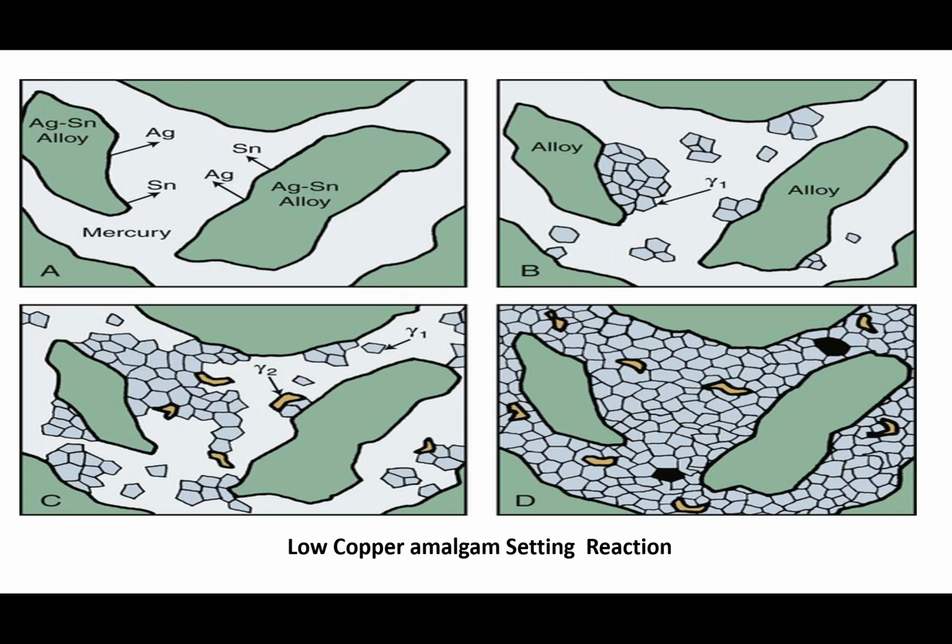That's why the set amalgam, the hardened amalgam, contains unreacted silver tin, the original alloy particle known as gamma, surrounded by a matrix of gamma 1 and gamma 2. Gamma 2 penetrates the matrix of gamma 1 and makes it weak. Also present is the epsilon phase. This is due to the reaction between low copper and tin.